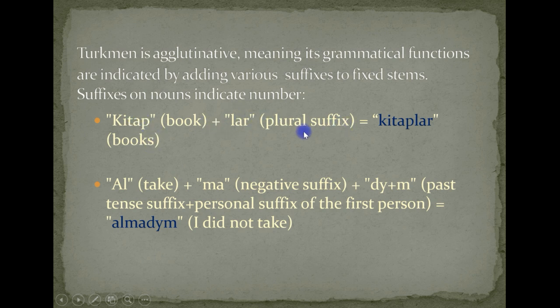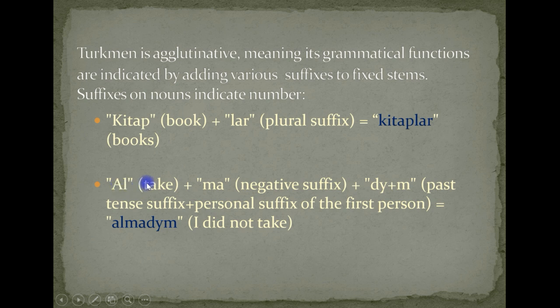Lar is a plural suffix. Kitab is a book. Kitab is also an Arabic word which came to the Turkmen language from Arabic. Kitab is a book, lar is a plural suffix, so books would be kitab, lar.